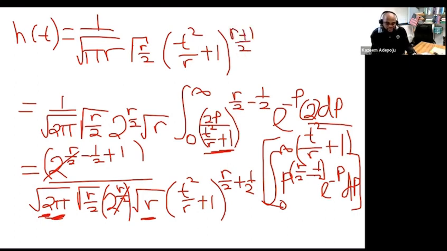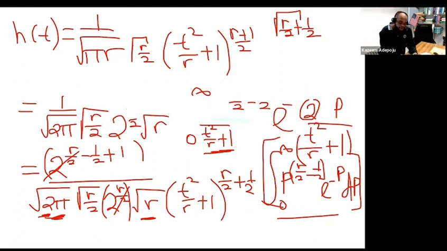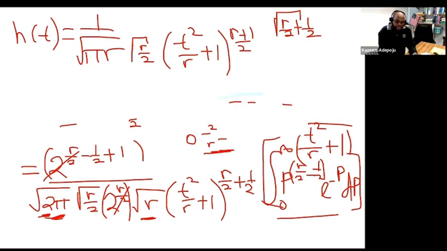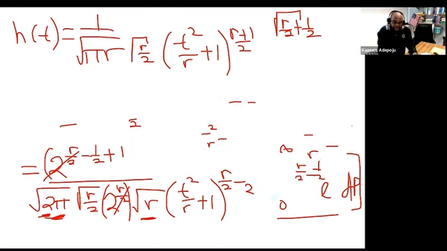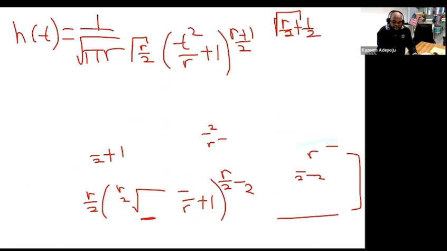And this guy here is just going to be gamma, when I add 1 to the power, r over 2 plus 1 over 2. Take a look at that. Now what I just need to do is simplify, and let's see whether we are already at our final destination.